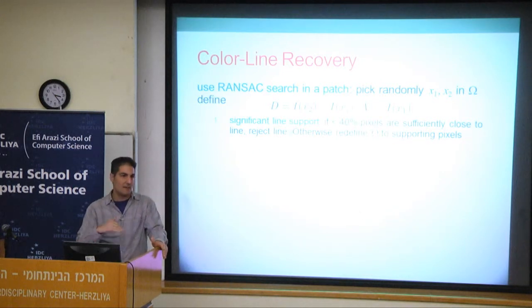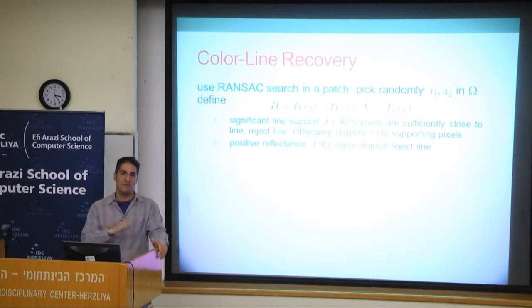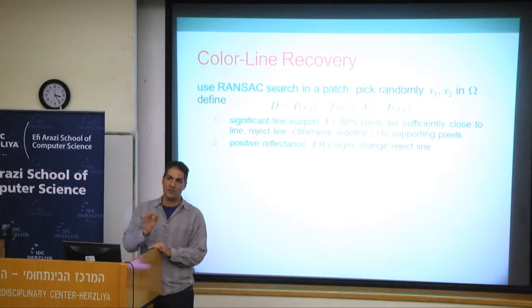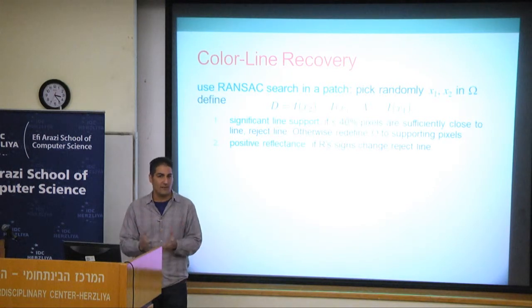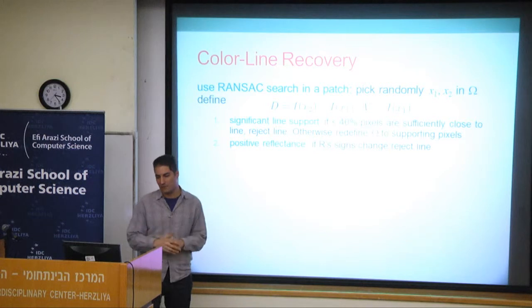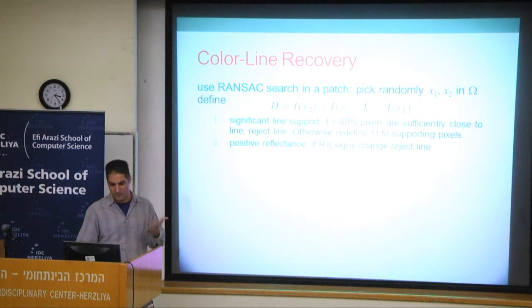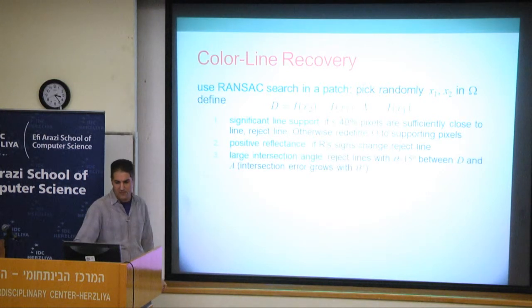So one thing is that that would indeed be a line, that there are enough supporting pixels. That the direction of that line would be positive. As I noted, the direction of the color line should be the reflectance coefficients, and we know that the reflectance coefficients are all positive numbers, 3 positive numbers.